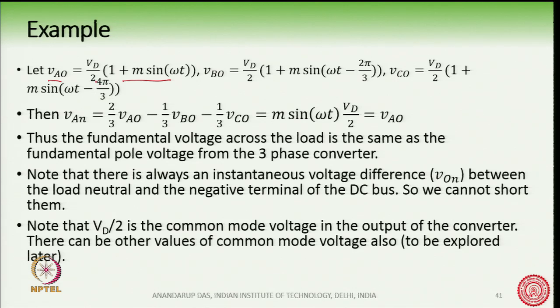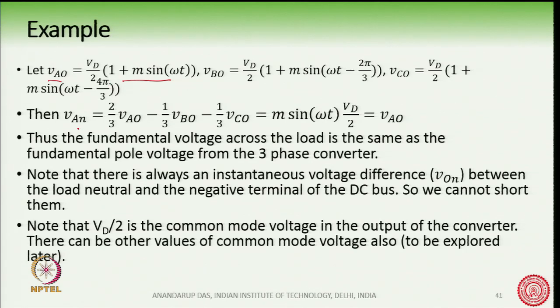So, VAO is equal to Vd by 2 into 1 plus m sin omega t, VBO will be equal to Vd by 2 into 1 plus m sin omega t minus 2 pi by 3, and VCO will be Vd by 2 into 1 plus m sin omega t minus 4 pi by 3, because we are giving 3 balanced modulating waveforms to the 3 phases.